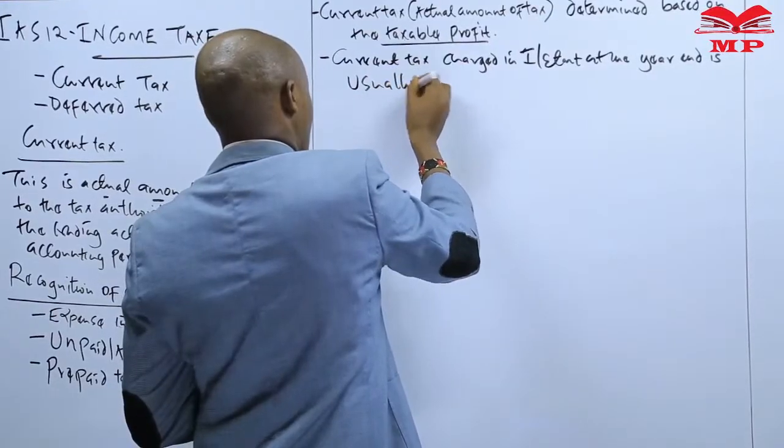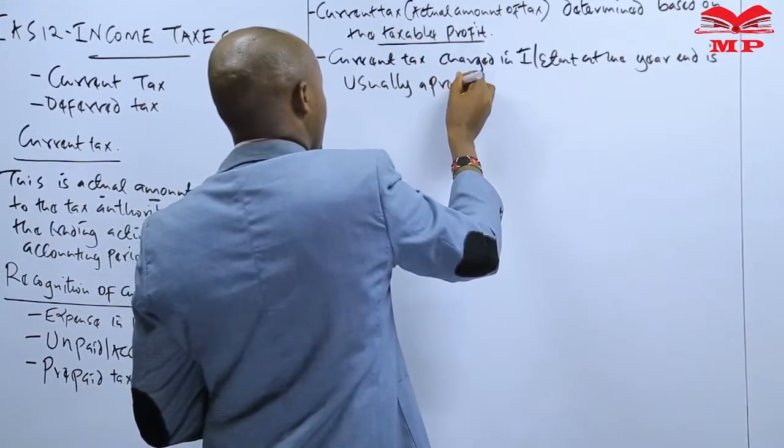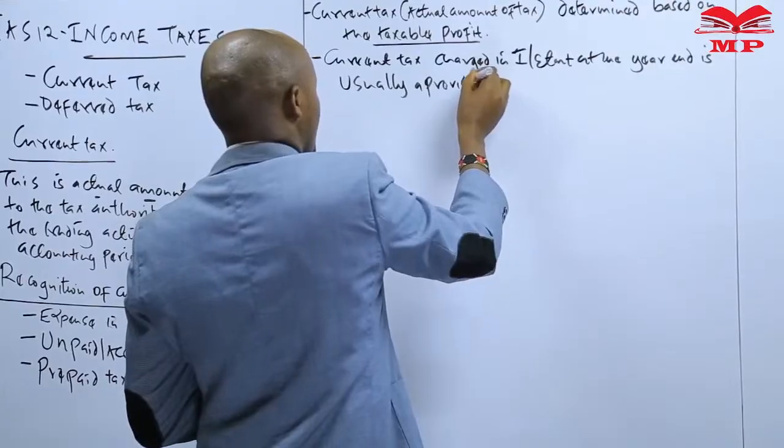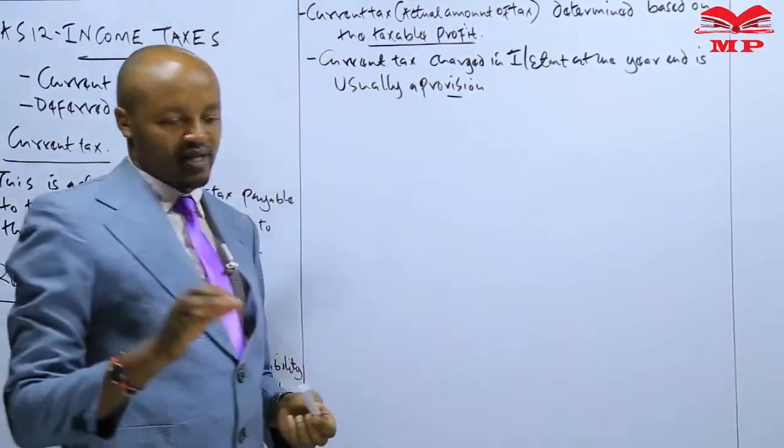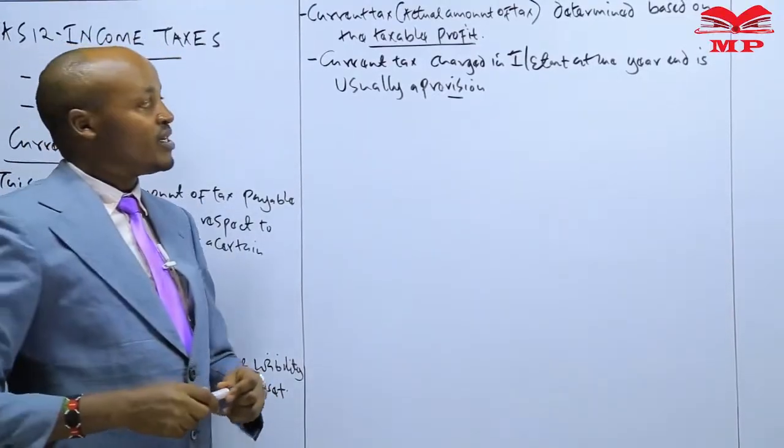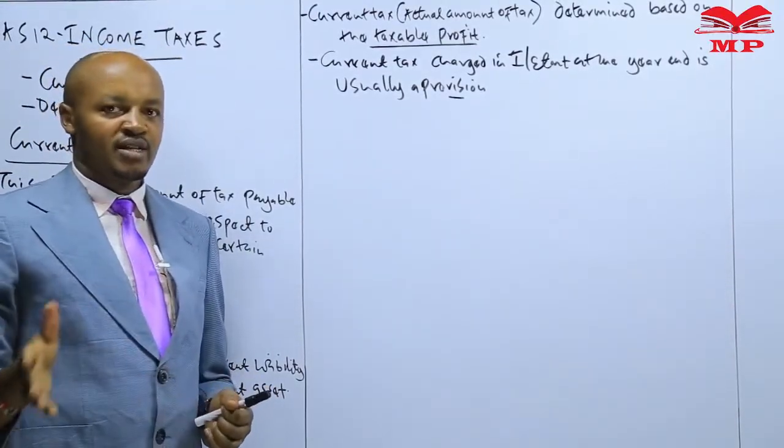Now, the reason why we say that that particular amount is a provision is because the amount of tax which is supposed to be paid will always be based on taxable profit.